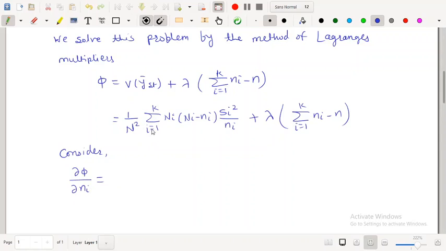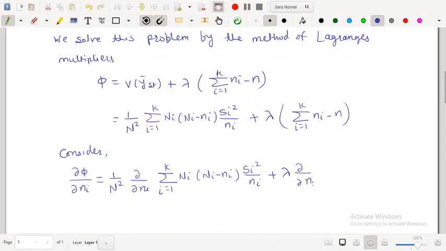So apply the derivative to this phi. This will be 1 upon n square dou by dou ni of summation i running from 1 to k of Ni into Ni minus ni Si square upon ni, plus lambda into dou by dou ni of summation i running from 1 to k of ni minus n.